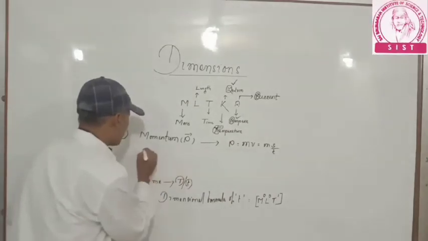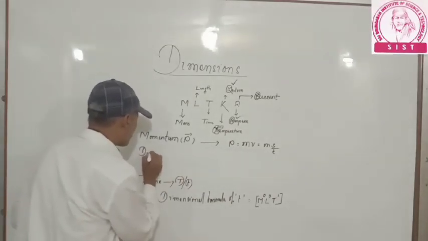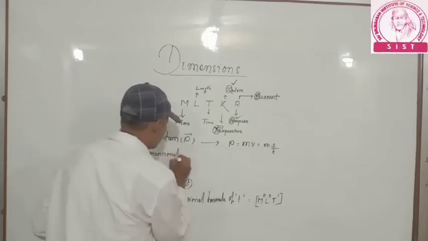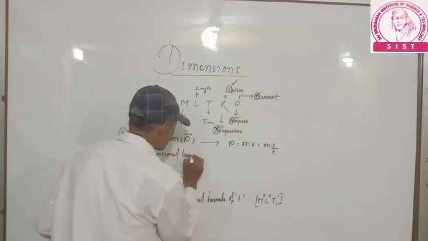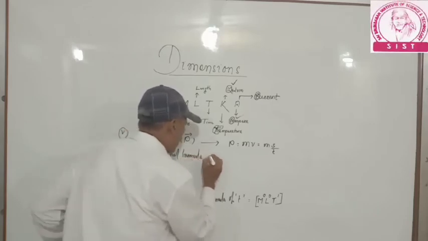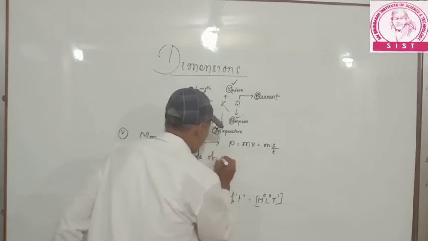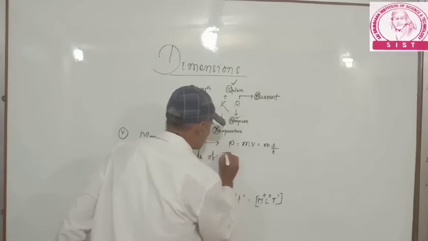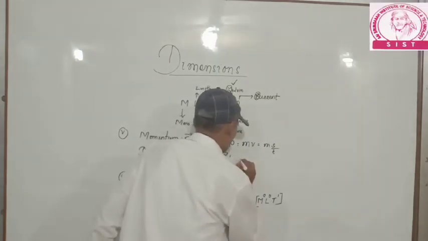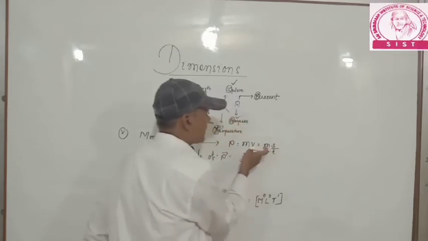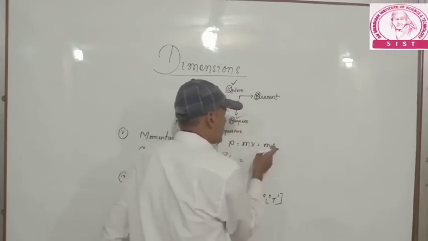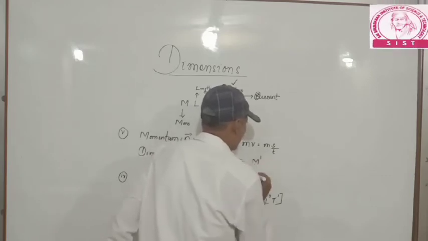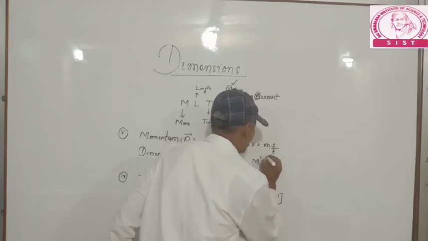Start writing dimensional formula of P. Here you see mass is here, power is 1, M to the power 1. Length is here, power is 1.